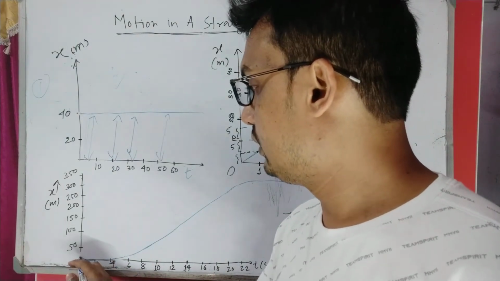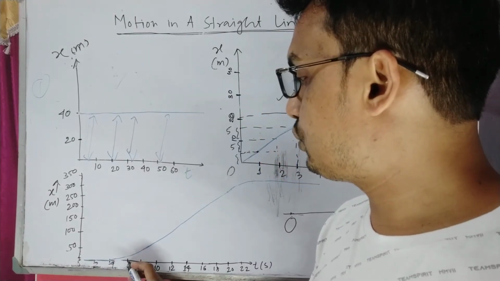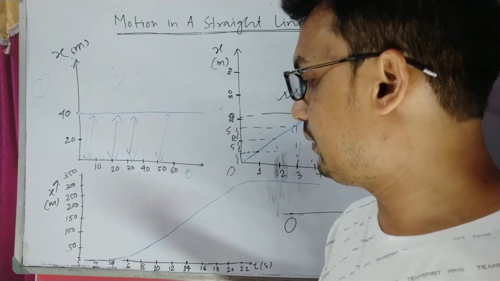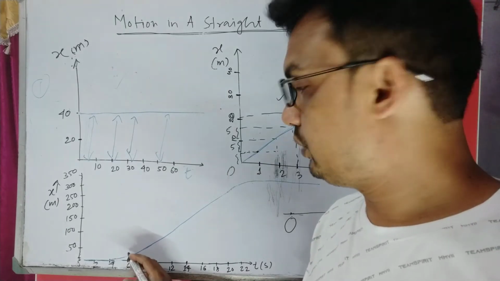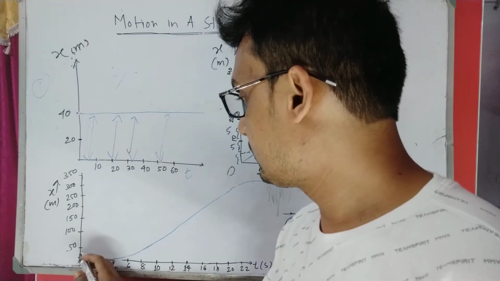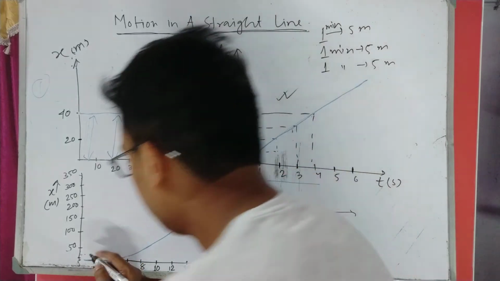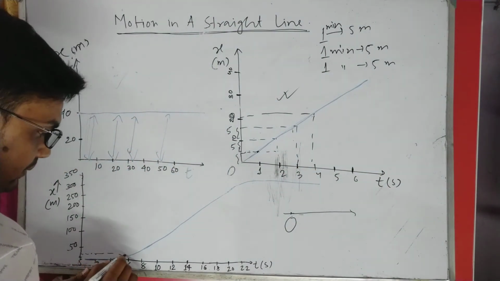So it has moved a very little amount, and in the next 2 seconds, when the time was 6 seconds, we have seen that it has moved this much. So this much movement has happened. This much movement has happened.